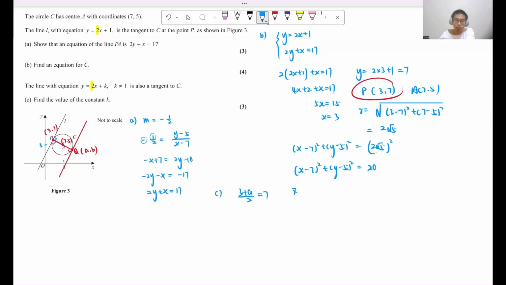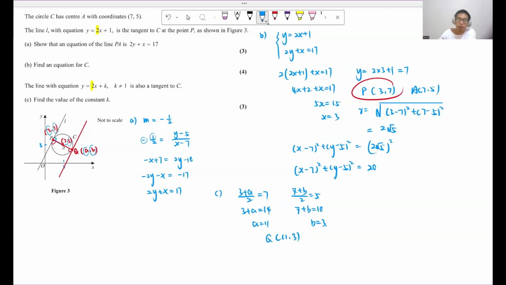And 7 plus b over 2 is equal to 5. So I just add the x coordinates and halve it to get 7, and add the y coordinates and halve it to get 5. Then to solve that, 3 plus a is equal to 14, so a is equal to 11. And 7 plus b is equal to 10, so b is equal to 3. So the coordinates of Q are 11 and 3.